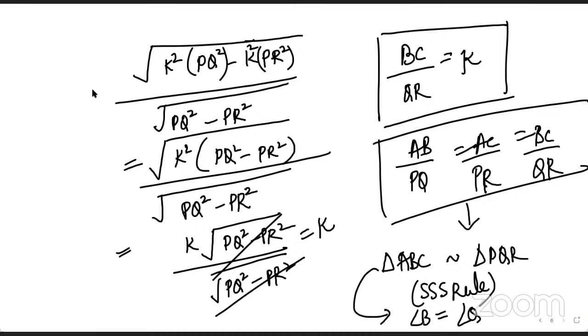Okay, continuing with the third example. Now the third example is a good one. It is a good question, and this question can even come for 3 marks. Now coming to example 3.